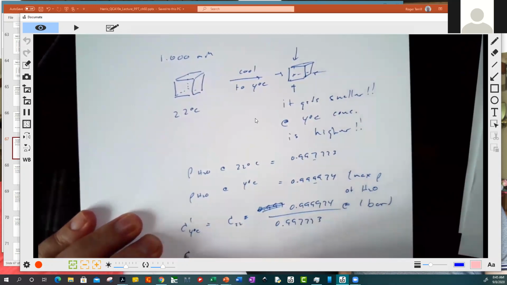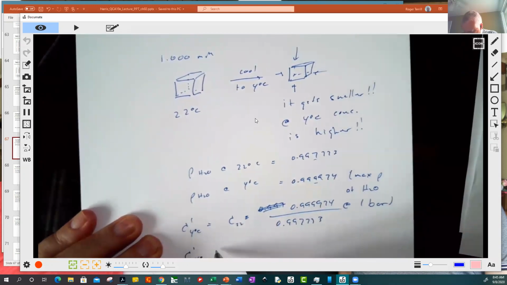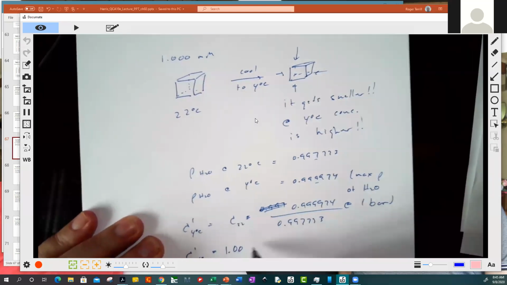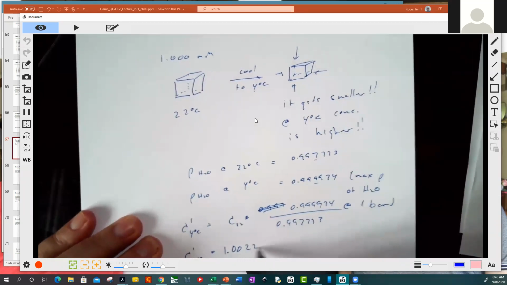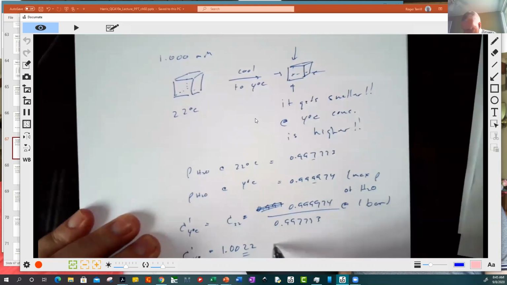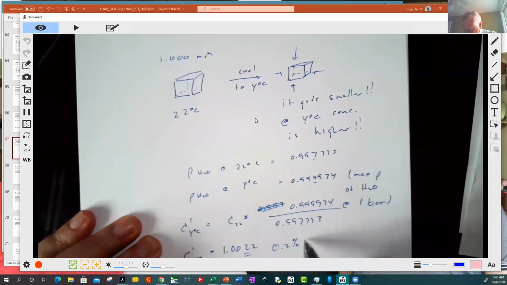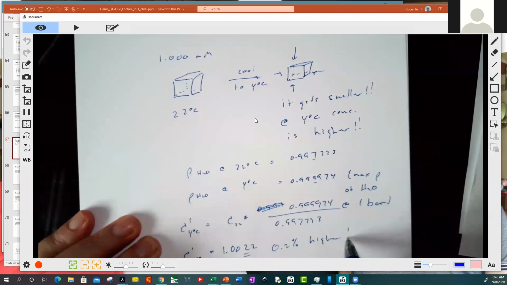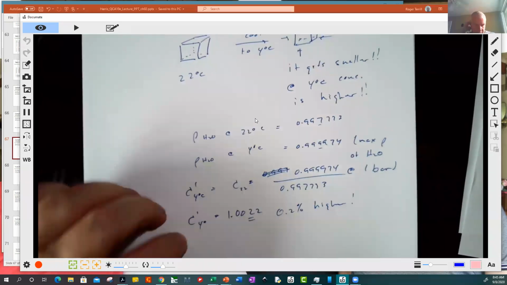Oops, I almost didn't see the point at 4 degrees. So 1.00, so 0.2%.